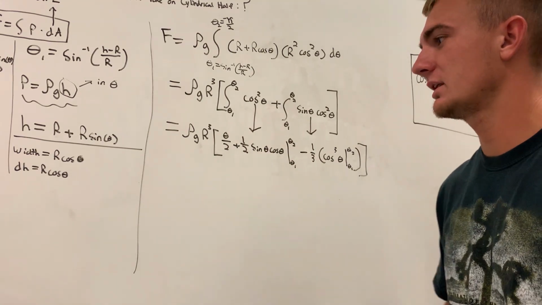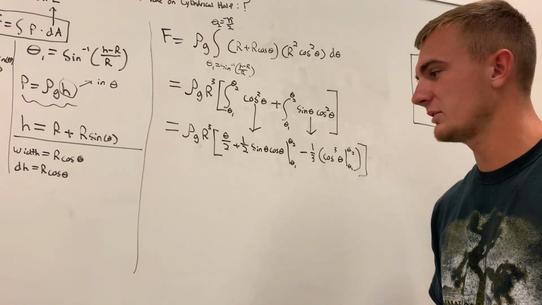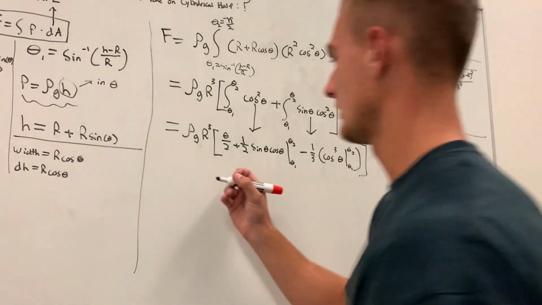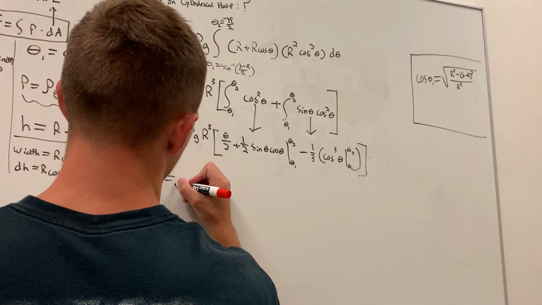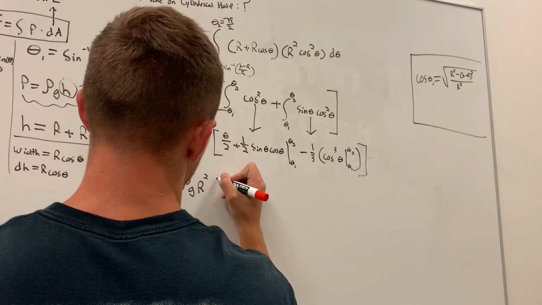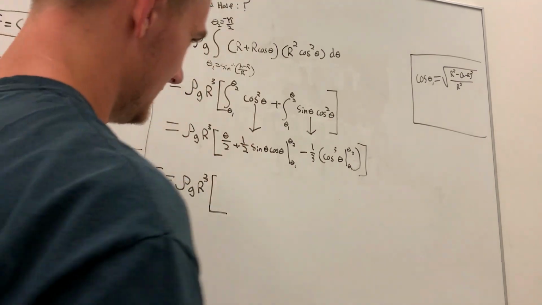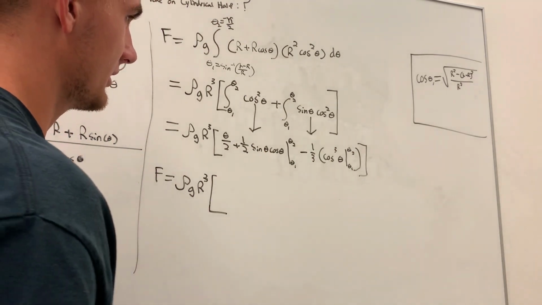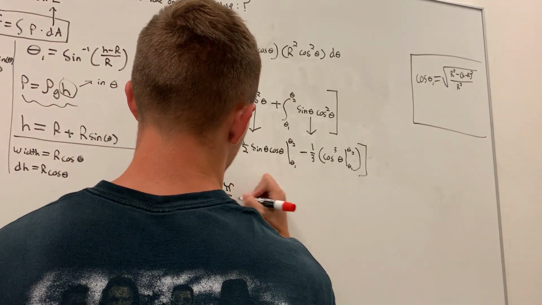If we want to evaluate the final expression, plugging in both of our limits of integration, we'll have the pressure force F equal to rho g r cubed, and then evaluating. If we plug in our first term here, we'll have a negative pi over 4.